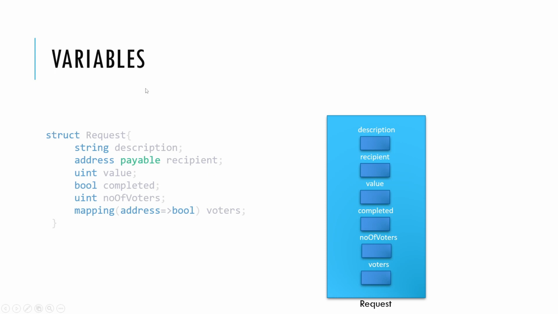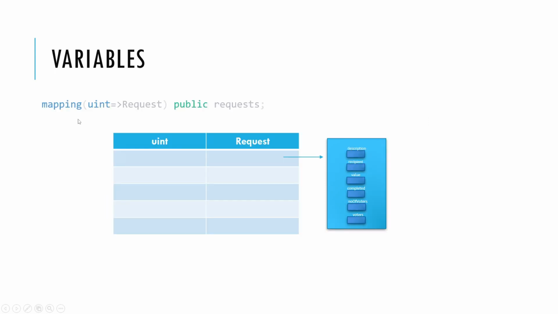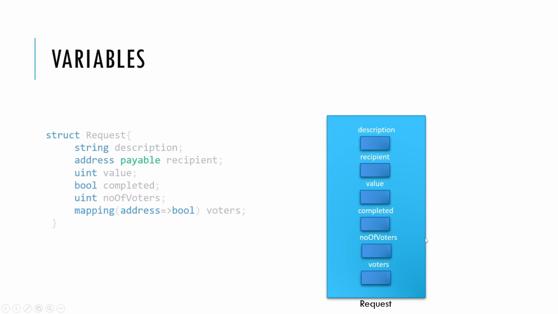request struct. Then we are also going to create one mapping, which is the requests mapping. This mapping will consist of all the requests. If you see, this mapping is from uint to the request type that we have created in this particular slide.